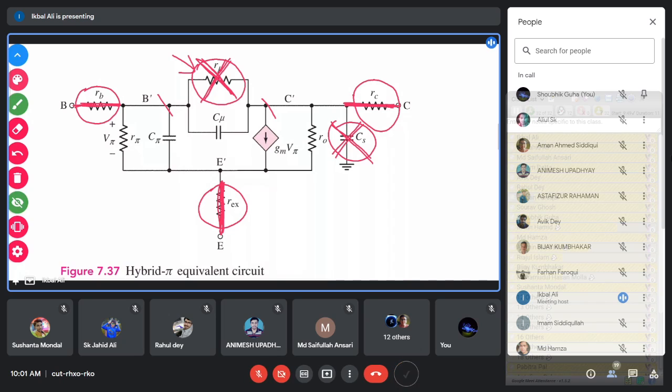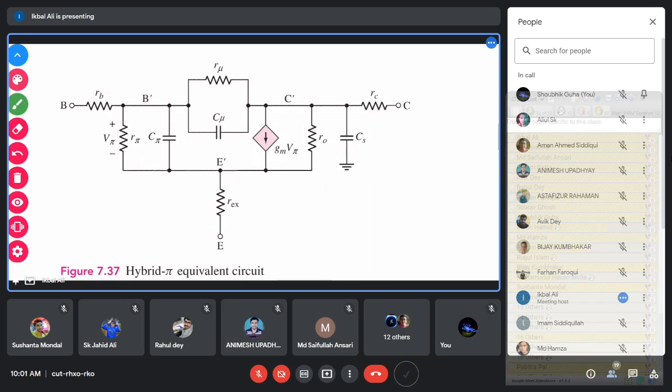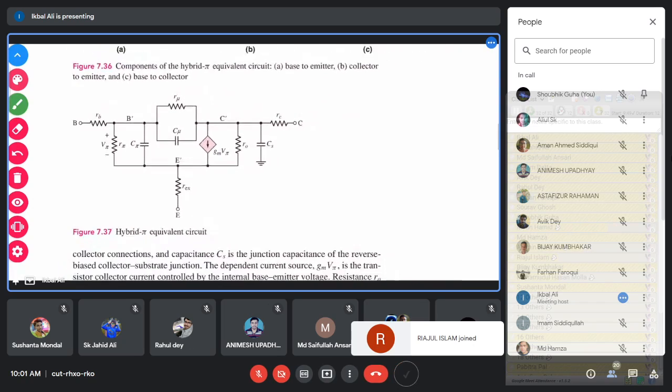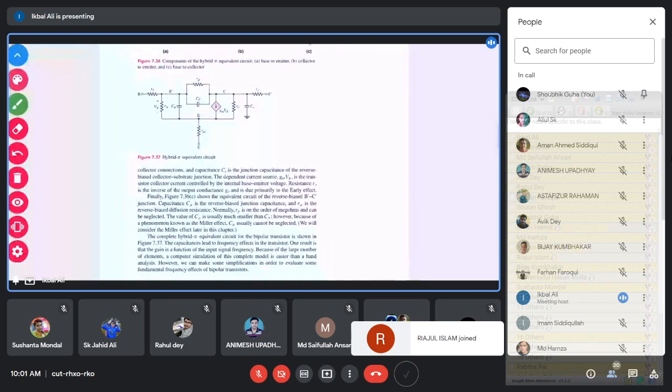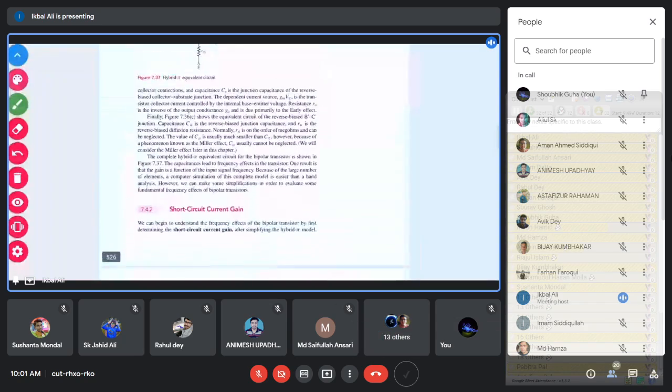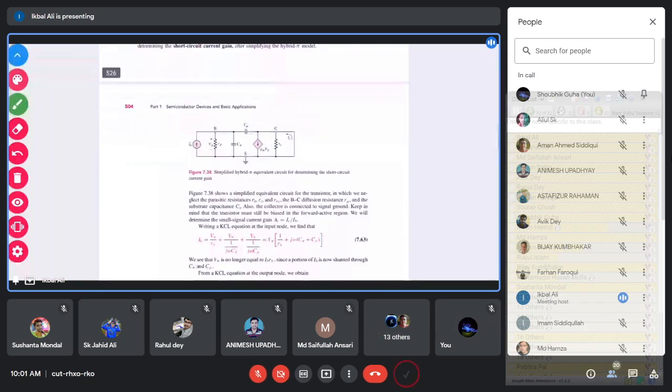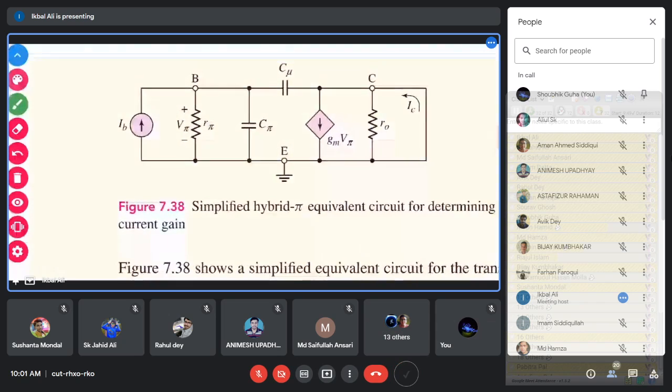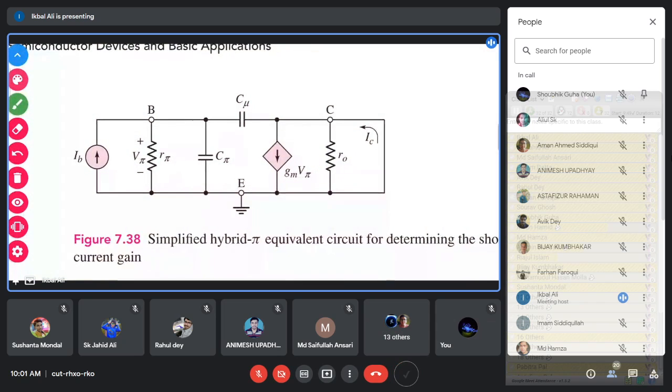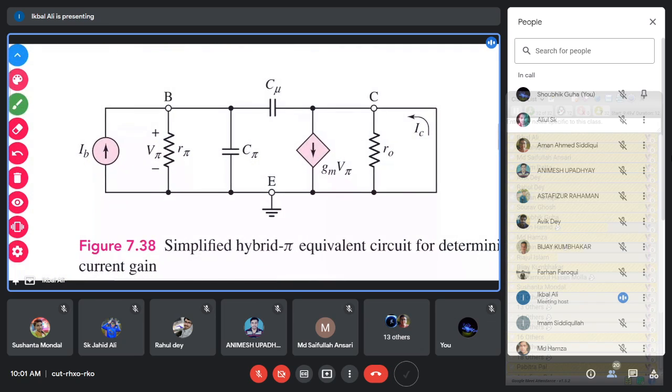Then to analyze the circuit will be simpler, and you can analyze it without the computer. So this is the simplified hybrid equivalent model.